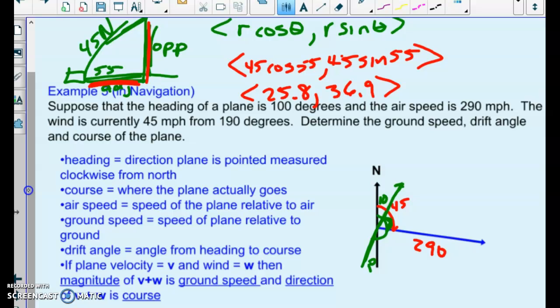So here's my plane: 290 cosine of 100 degrees, 290 sine 100 degrees.